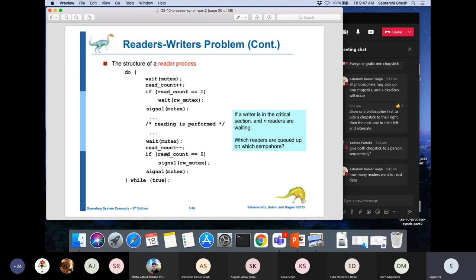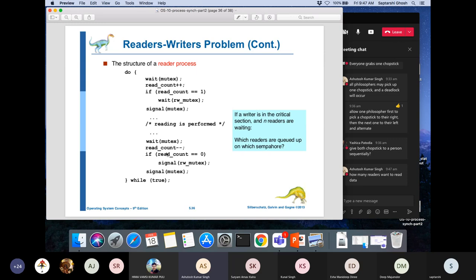Okay, Ashutosh is saying how many readers want to read data. So Ashutosh, unmute yourself. Why is that important? Sir, as far as I could understand, when a writer is there and a reader comes in, the first reader will increment the read count by one, and then it will wait on RW mutex.